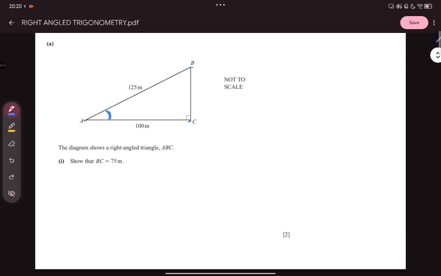What we must do is label the sides. The 2 sides that we're interested in, the 125 is opposite the right angle, so that's H. And the other side is the adjacent, because that's the side that contains the angle that we are interested in and the right angle. So A and H, if we remember our SOH CAH TOA, if we have A and H, then again we're dealing with cosine.